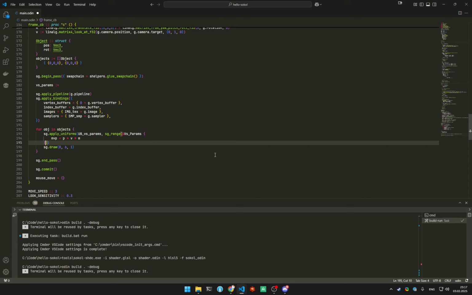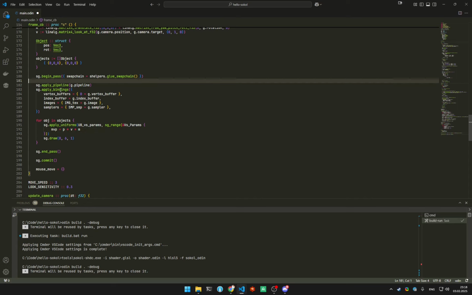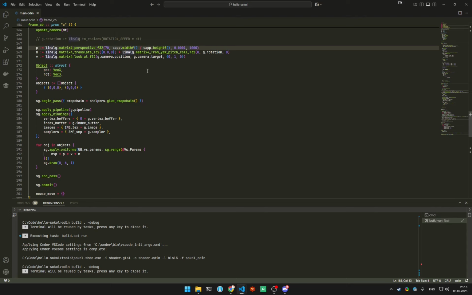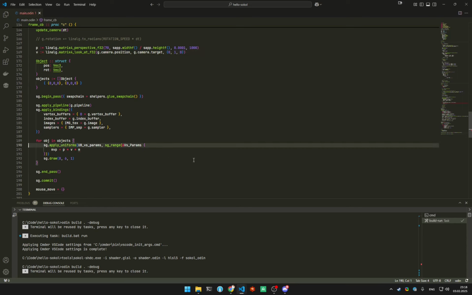So what we can do is just copy this out, copy this in, cut this out. We already calculated the perspective projection, the view projection, the view matrix, and what we need to do is calculate the model matrix, and we need to do this from obj position and obj rotation x for yaw.